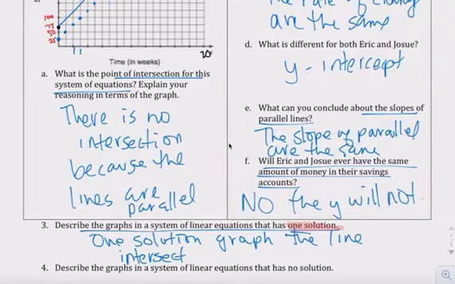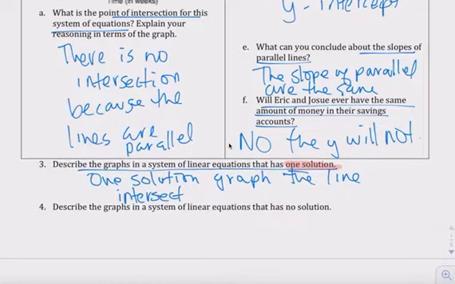One solution graph, the lines intersect. No solution, the lines never meet. They're parallel.